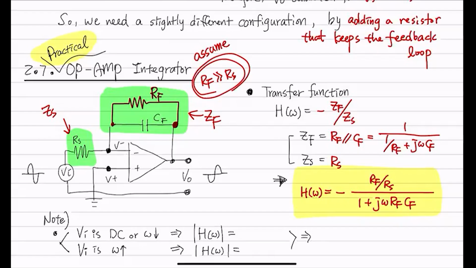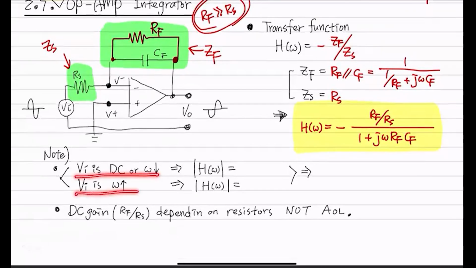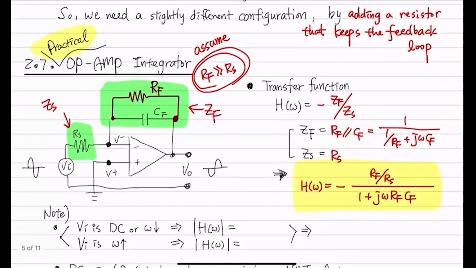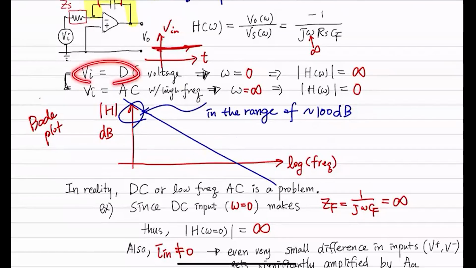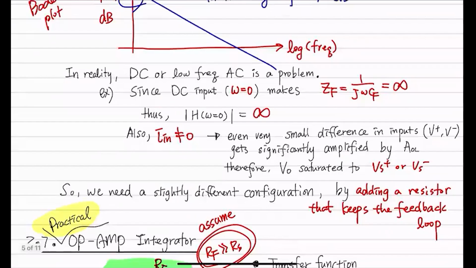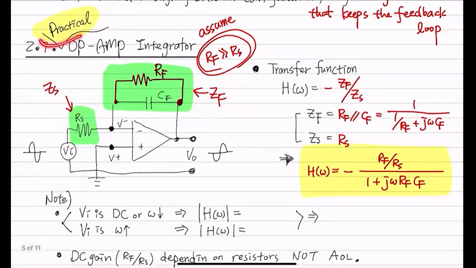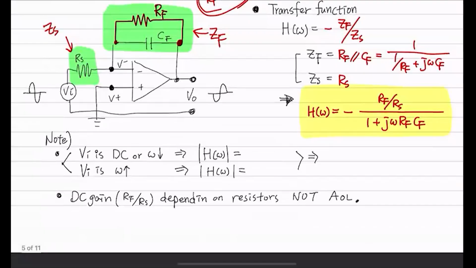So let's now try this low frequency and high frequency analysis just one more time. Here, remember, we talked about what if the input is a very low frequency, what if the input was a very high frequency, and we got infinite and 0. And this infinite was a problem because we cannot realize that, right? And let's see if this practical solution of adding additional resistor solved that problem.